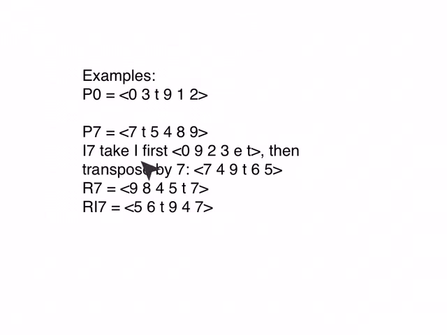The I7 form takes the inversion first, so 0 becomes 0, 3 becomes 9, 10 becomes 2, 9 becomes 3, 1 becomes 11, 2 becomes 10, and then I'll transpose that by 7. We get that. The R7 form takes the P7 form and reverses it.